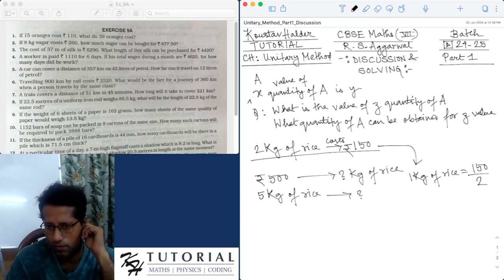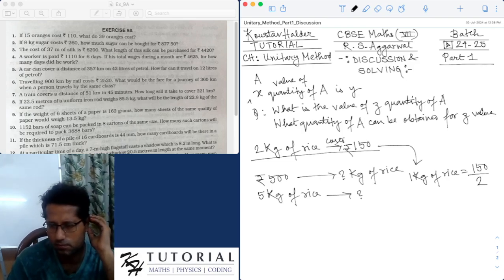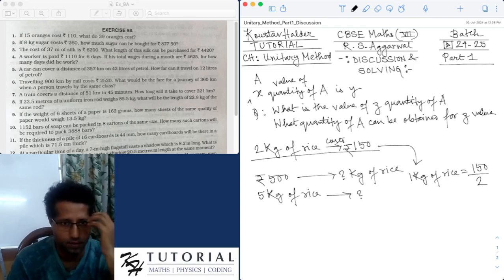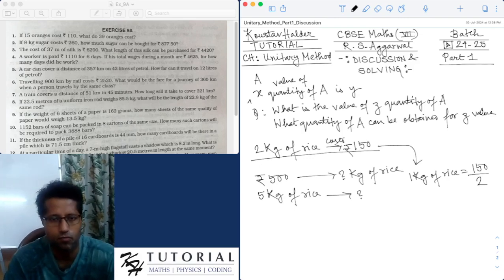Meaning, if you increase the amount of rice, the cost will increase, and if you increase the cost, then you can get more rice. This is the concept we call direct variation or proportion of two quantities.